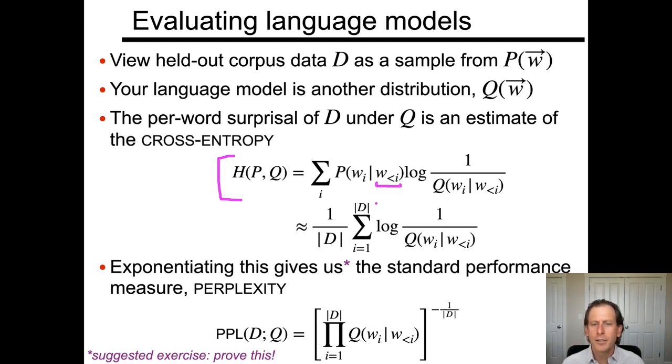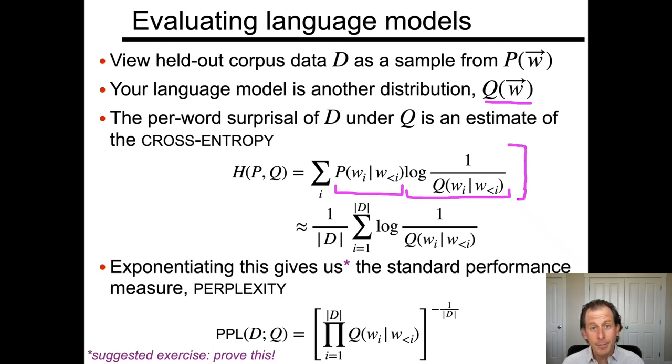So W sub less than i is the words preceding word i. If I imagine an infinite stream of text, and I'm always predicting what the next word is given the preceding words, there's some underlying probability distribution over what word will occur next. That's this thing. And then I use that to determine a weighted average surprisal under the distribution that I actually have at hand, Q. This is the cross entropy.